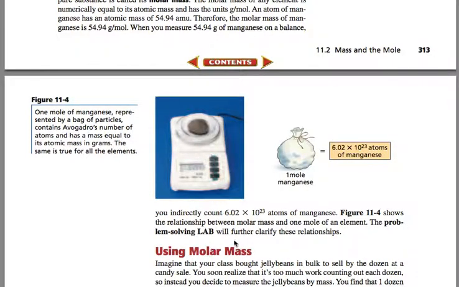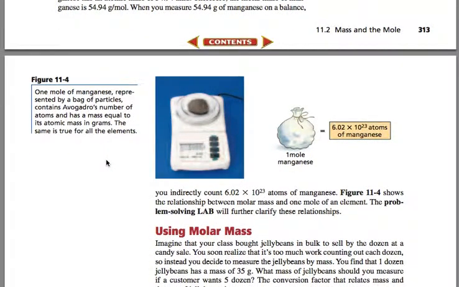The problem-solving lab will further clarify these relationships. So here is a mole of manganese, okay? And its mass is equal to its atomic mass that we find on the periodic table, in grams per mole, okay? All of the elements are the same in that way. They don't all have the same mass, but their atomic mass matches the mass of 1 mole.